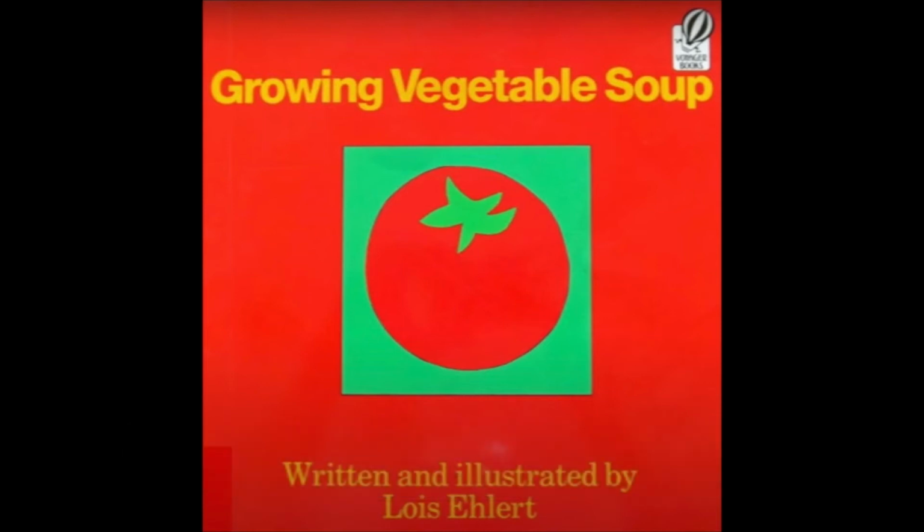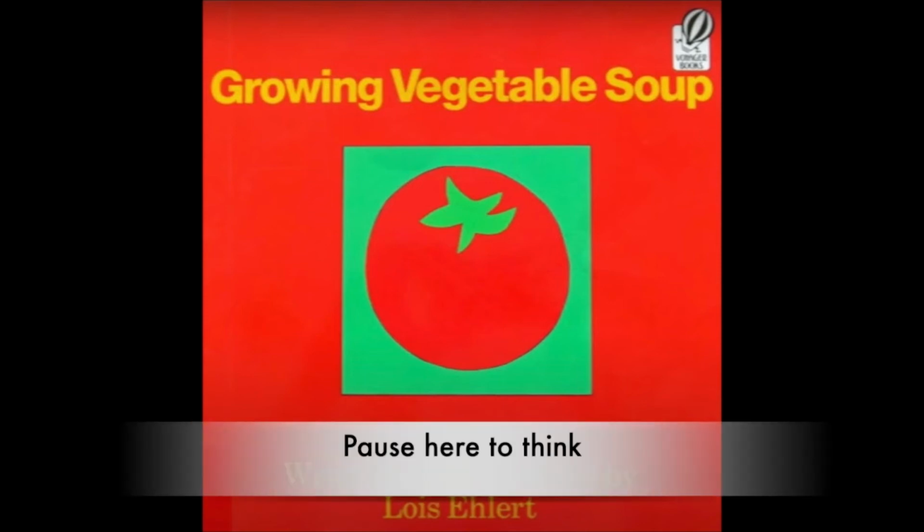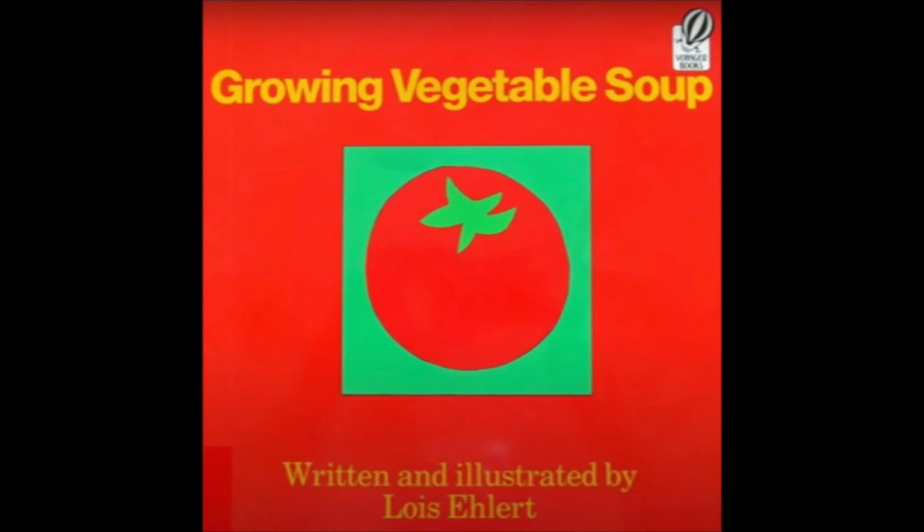They gave them water and watched for the warm sun. After their vegetables had grown, they dug them up or picked them, took them back, and washed them. Who can tell me what they did with their fruits and vegetables after they washed them? That's right. They put them in a pot of water and made them into vegetable soup.